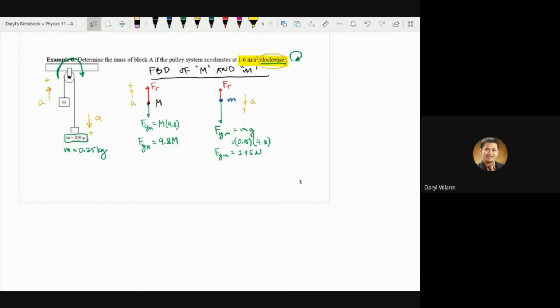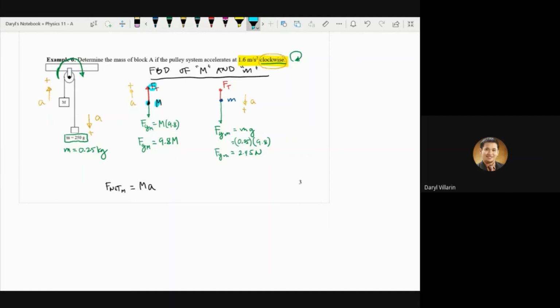So now I'm gonna go to my application of Newton's second law. So both would be accelerating. So that means that the net force on my capital M is just capital M times the acceleration. Okay. So now I will look at my small m. Small m is this one. So what are the forces on my capital M?